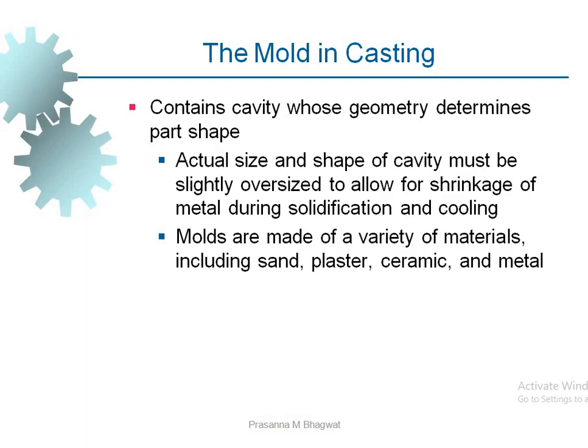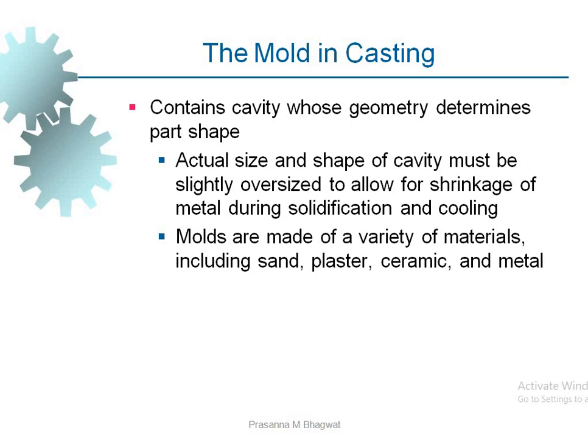Now, what is a mold in casting? It is a cavity whose geometry determines the shape of the part. The actual size and shape of the cavity must be slightly oversized to allow for shrinkage of the metal during solidification and cooling. What is the meaning of this?